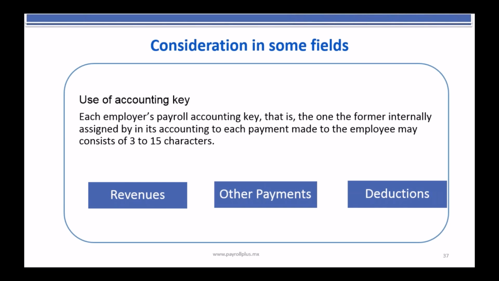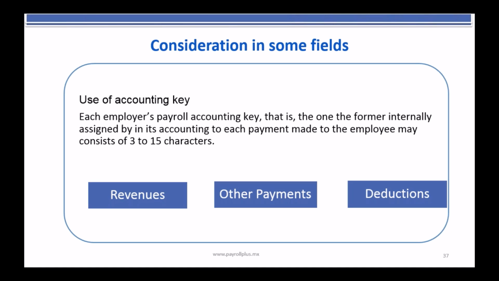such as the conditional ones. Another consideration that we have to make, as I just mentioned, is that we have to use the accounting key, or the account that goes into our chart of accounts, for salaries, for vacations, for Christmas bonus.